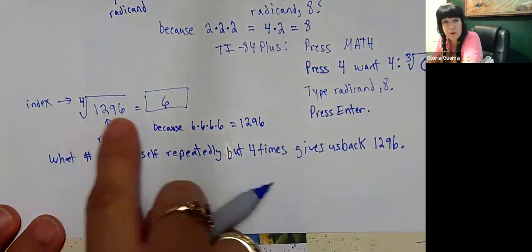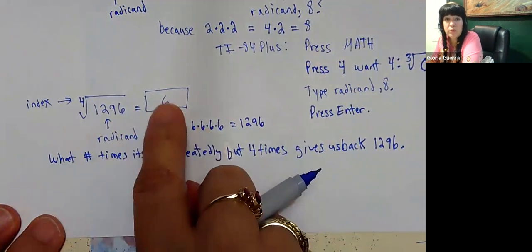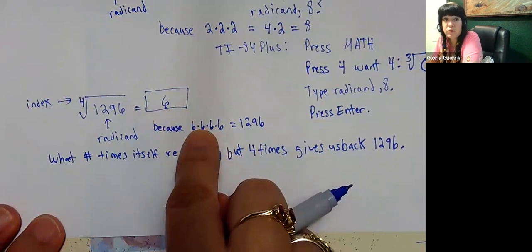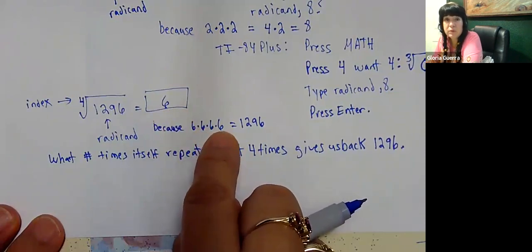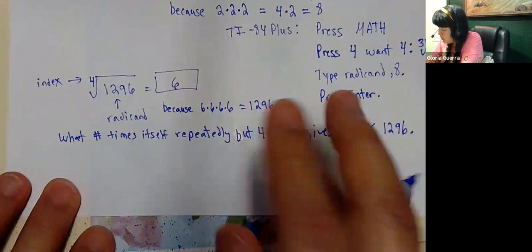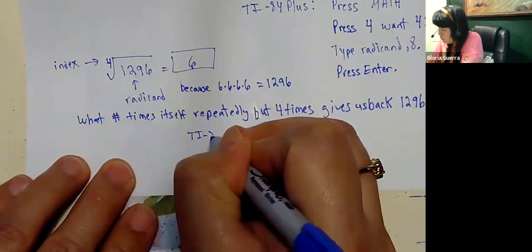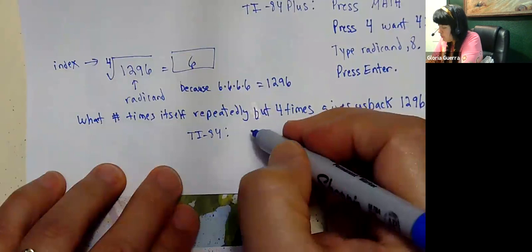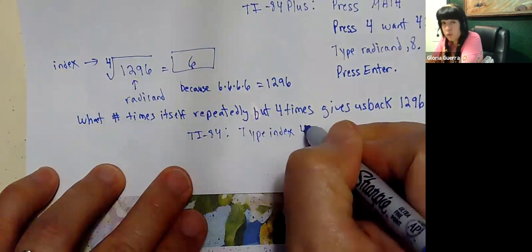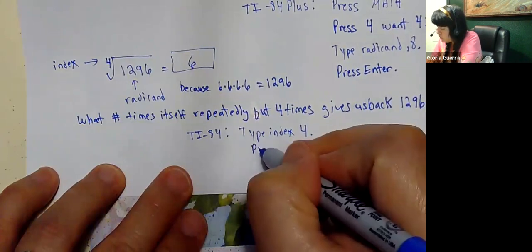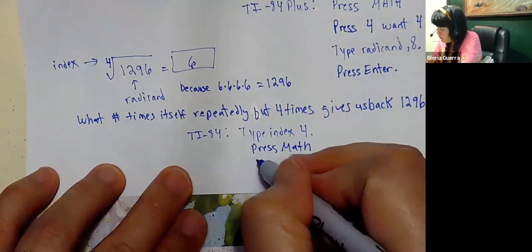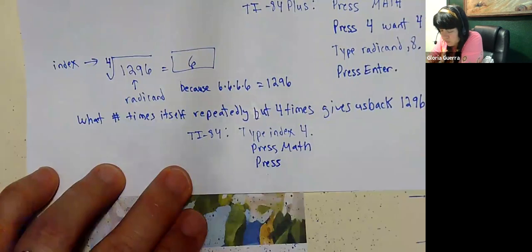The index plays a part. And this means what number times itself, repeated over and over, but 4 times, 1, 2, 3, 4 times, gives us 1,296, okay? So here are the calculator commands for the TI-84: you'd have to type the index, which here is 4, and then you'd have to press math, and then press, was it number 5?